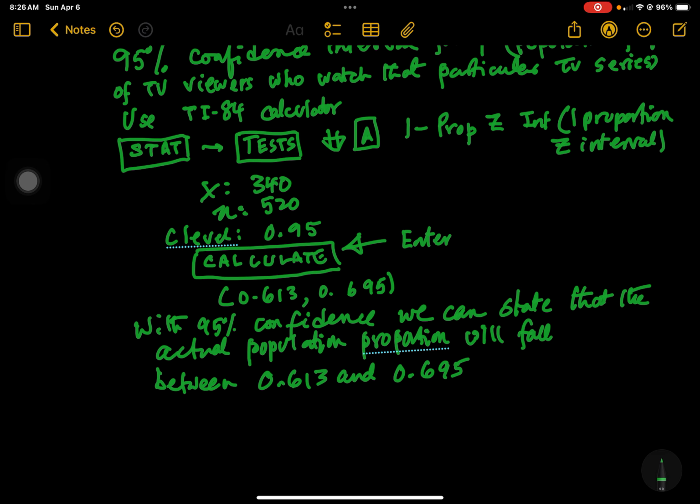Part B, 99% confidence interval. So we will repeat the same process.